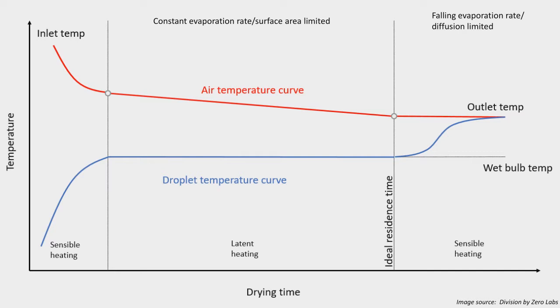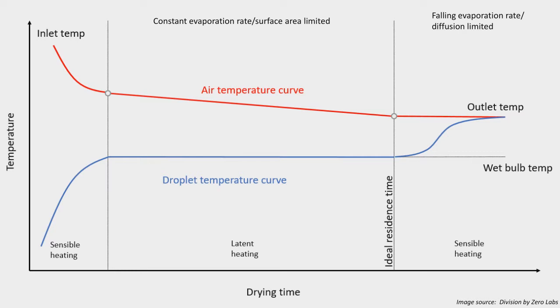This is because you're spending energy on the phase change as opposed to a sensible heating or a temperature change for the droplet. And during this phase, the evaporation rate will be constant, and it will be limited by the surface area of the droplets.